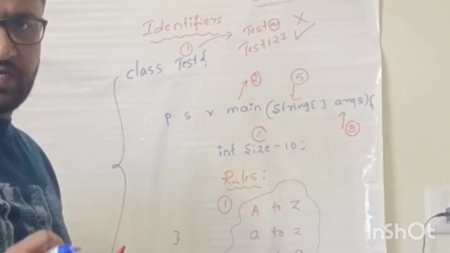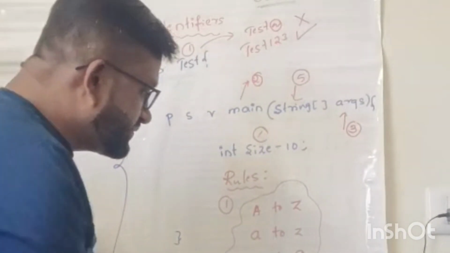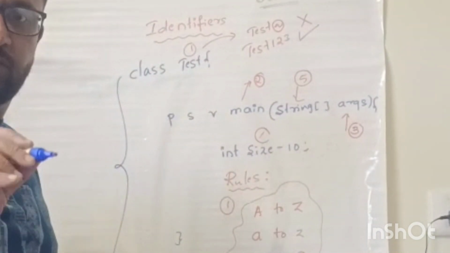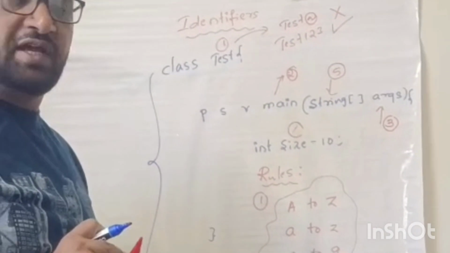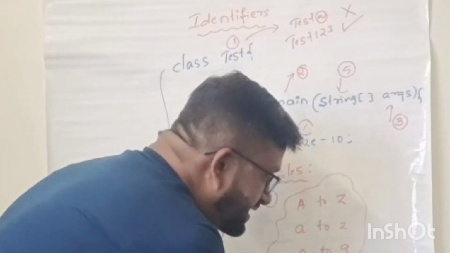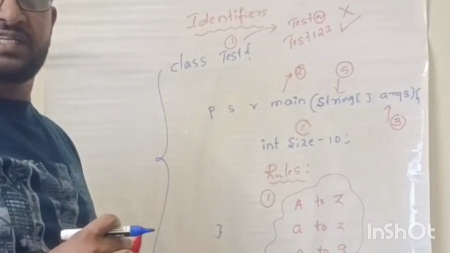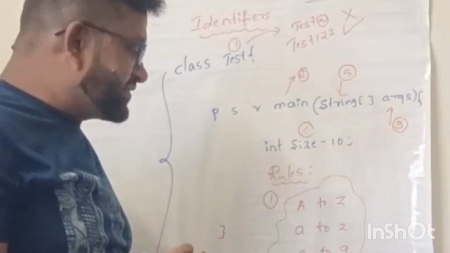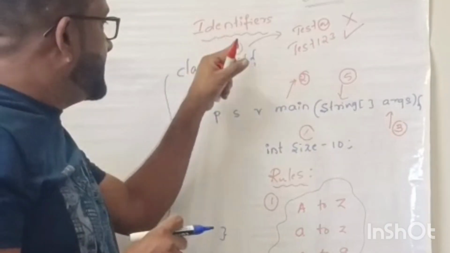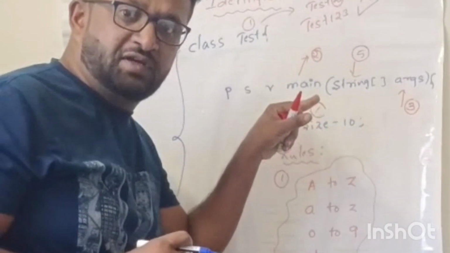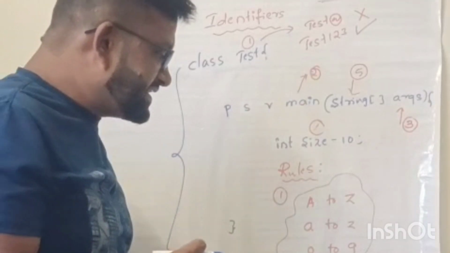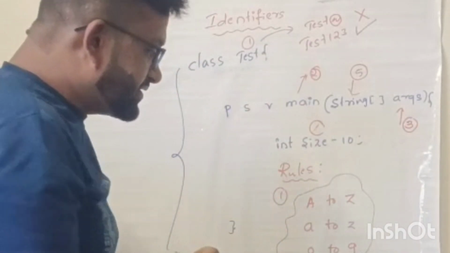But as per the second rule, this identifier name is invalid, because the second rule says the identifier name should not start with a digit. Whatever identifiers you are creating, don't start with a digit. So this is invalid.